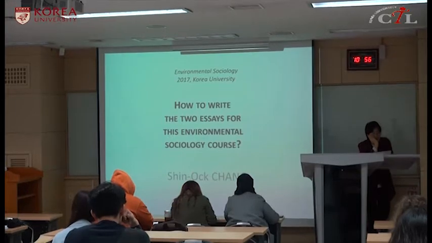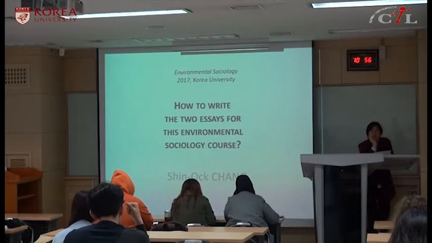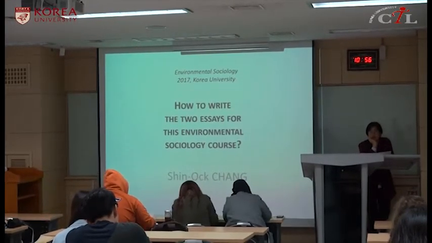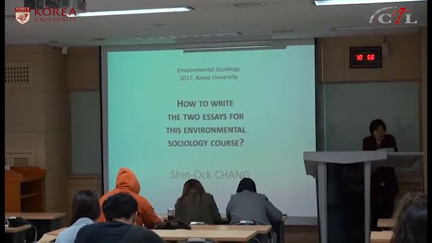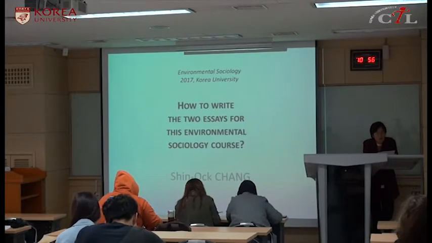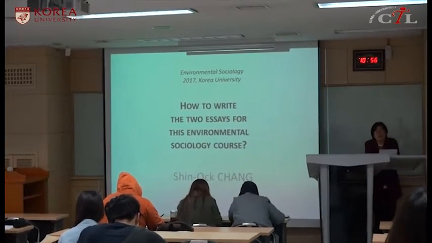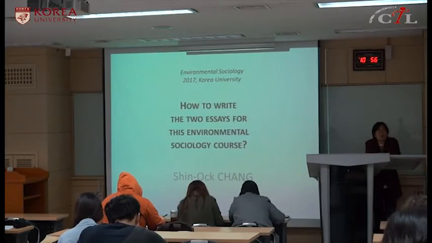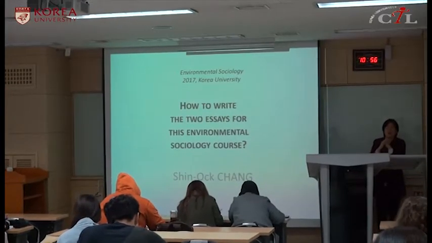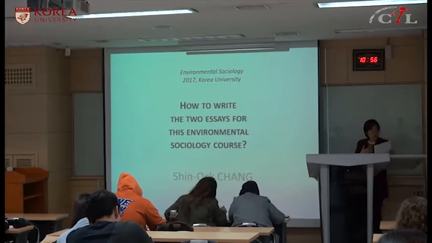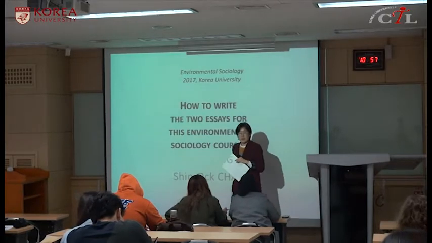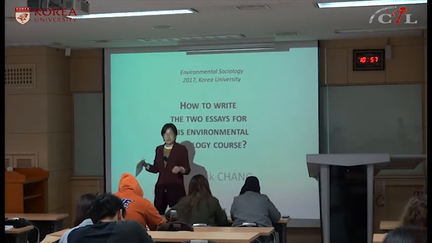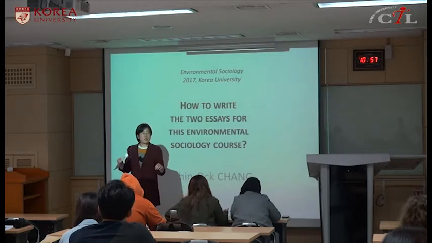The right answer is number 3. Because ecological modernization theorists, they hate the social constructionist perspective. According to ecological modernization theorists, the social constructionist perspective relativizes the seriousness of environmental problems.